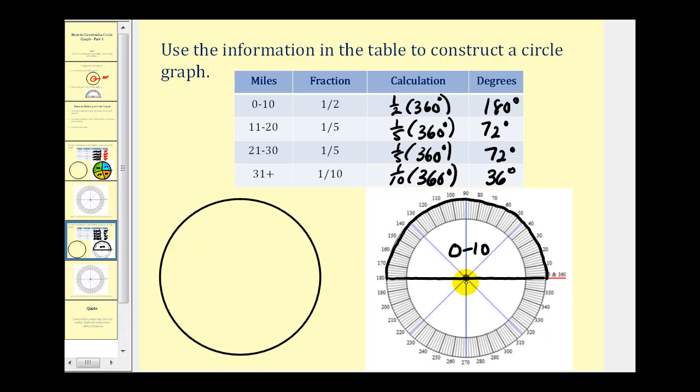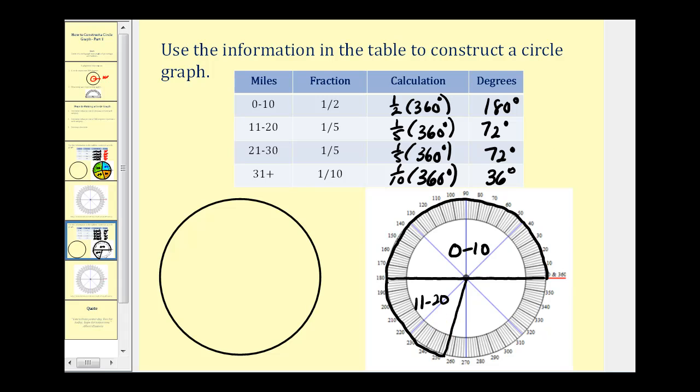So we'd be somewhere in here. This is between 11 and 20. Now if I could, I'd probably just rotate this protractor and measure off another 72 degrees. I can't do that on this screen, so we'll go ahead and just make the best of it.